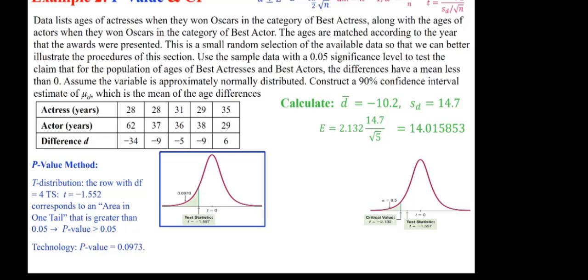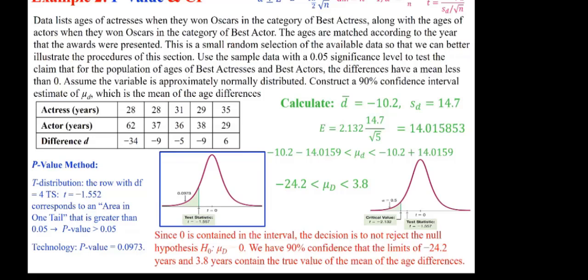D bar, add and subtract this number. It results in mu sub d being between negative 24.2 less than mu sub d less than 3.8. It contains 0 and it gives you the same result.